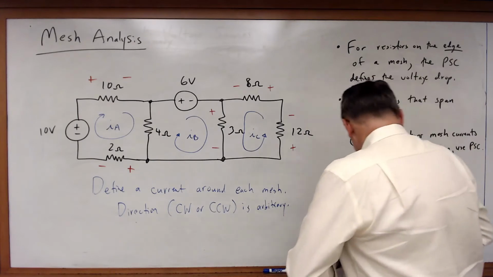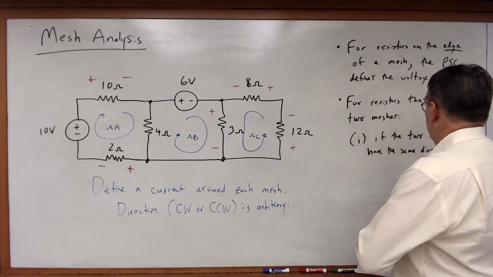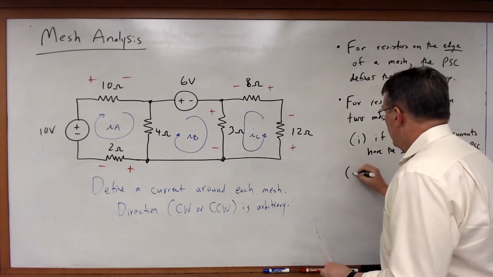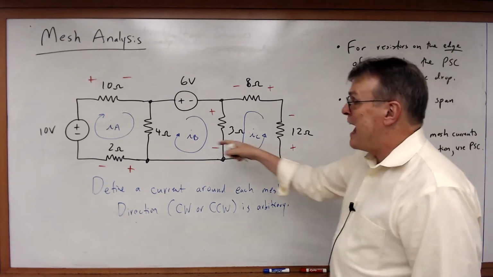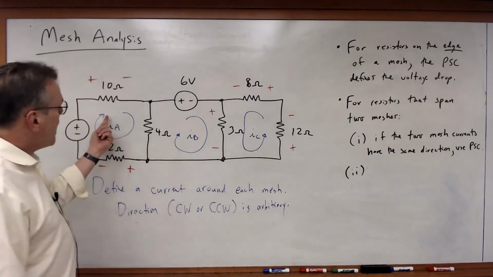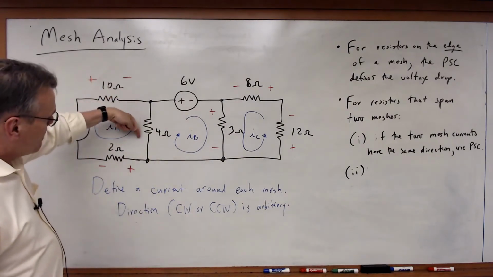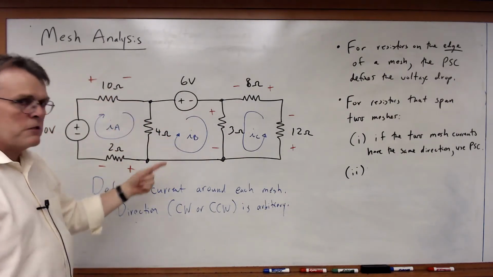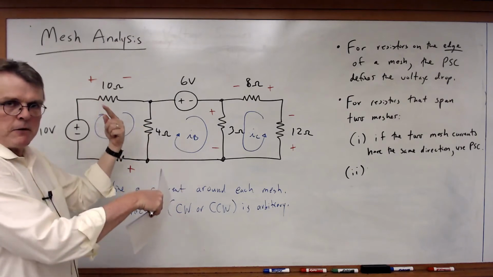On the other hand, if the 2 mesh currents have opposite directions, so for example, here IA enters the top, but here IB enters the bottom, they're opposite from each other.